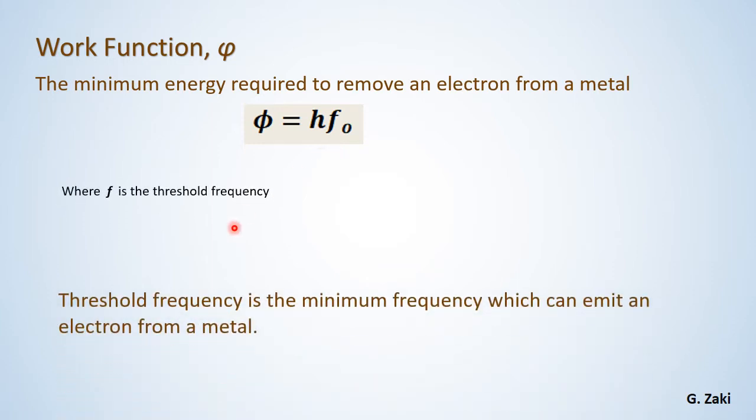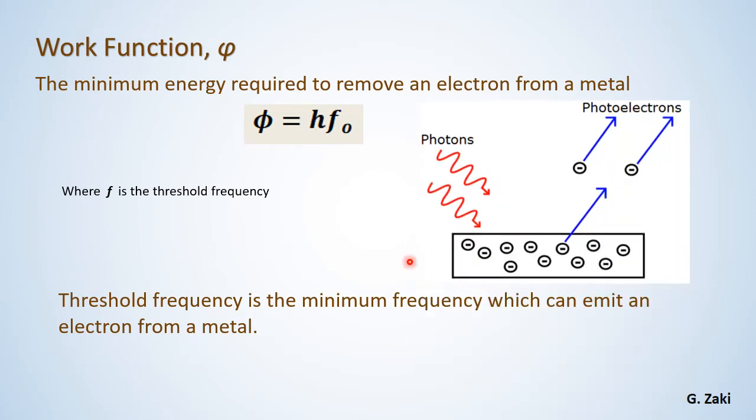What is the threshold frequency? It is the minimum frequency which can emit an electron from a metal. So, if this is a metal with a work function phi, and the incident photon has energy greater than or equal to the work function of the metal, photoelectrons can be ejected with kinetic energy.